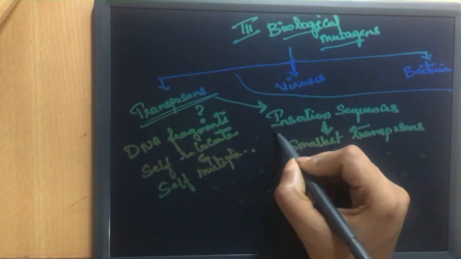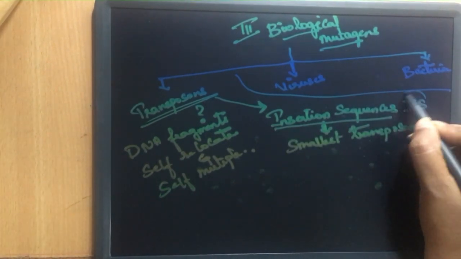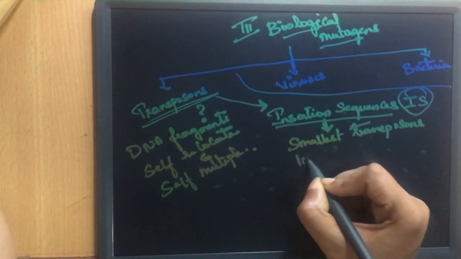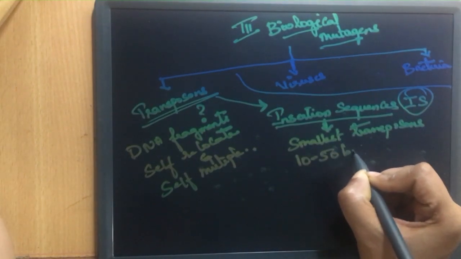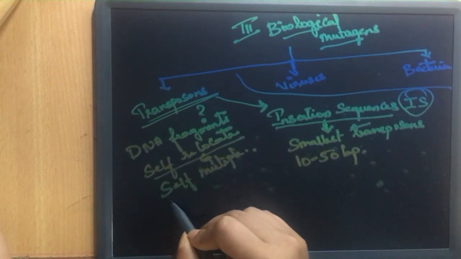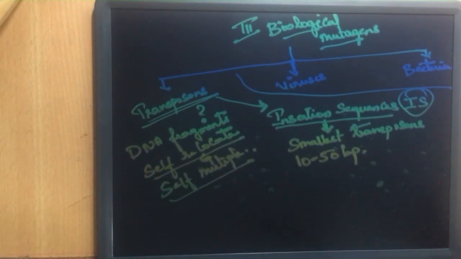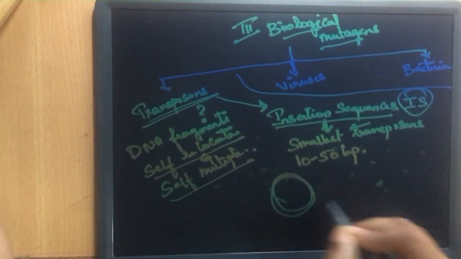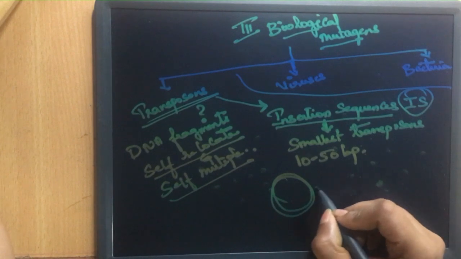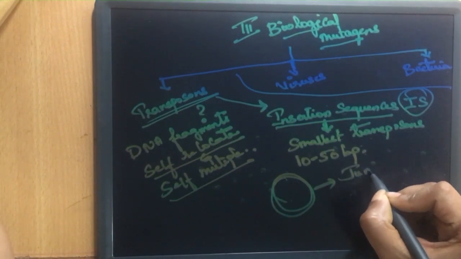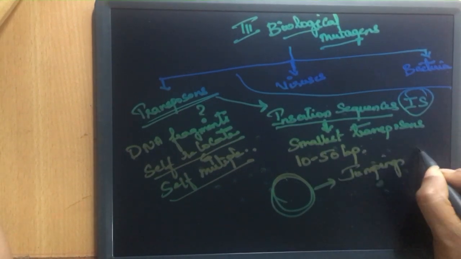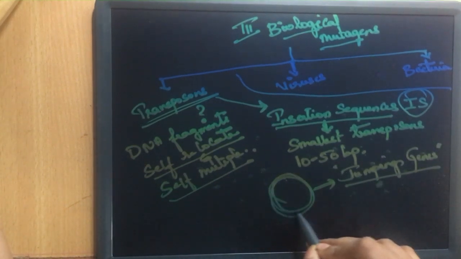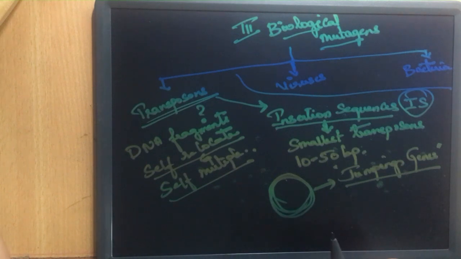Insertion sequence, IS, is the smallest transposon, having a length of 10 to 50 base pairs. They can self-relocate or self-multiply. They usually keep on migrating around the DNA. They are usually referred to as jumping genes.